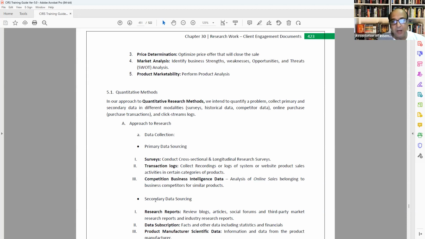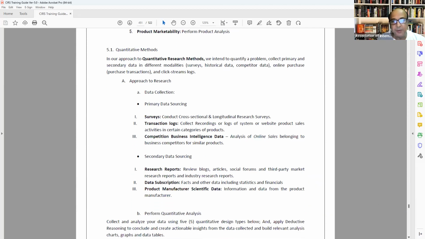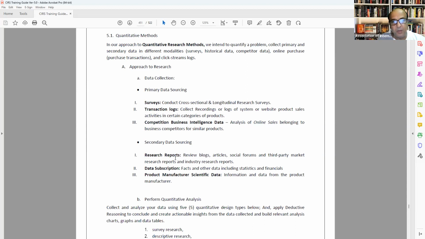Then you're going to identify the secondary data sources, which is what you're going to maybe subscribe to or gather or collect somehow, which is research reports like from the blogs, from articles written, social forums, and so on.